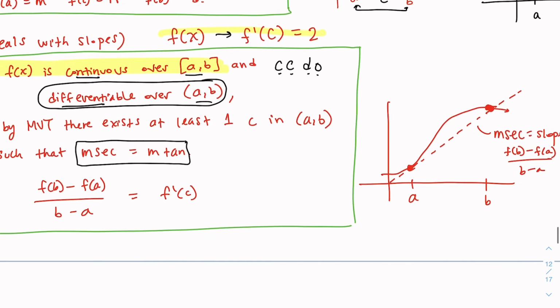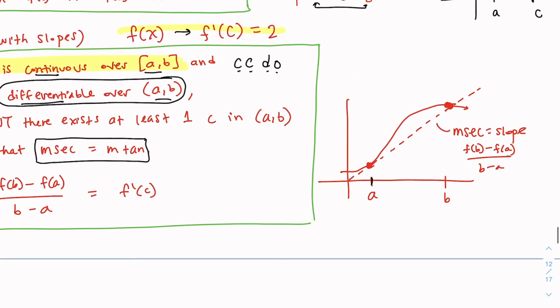And here's what we're saying with that. If there is some slope, we call this m sec, the slope of the secant line, which is just rise over run, then we know that there is some value in between where the slope of the tangent line, in this case it looks like it might be right here, is the same as the slope of the secant line. So it's not good. The slope of the tangent line at c is not going to be here because, see, it's too steep.